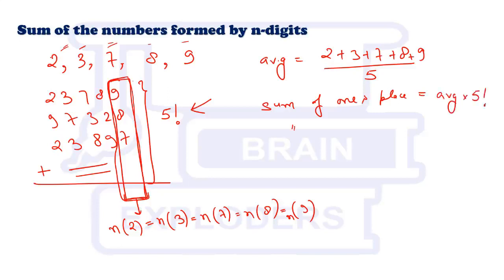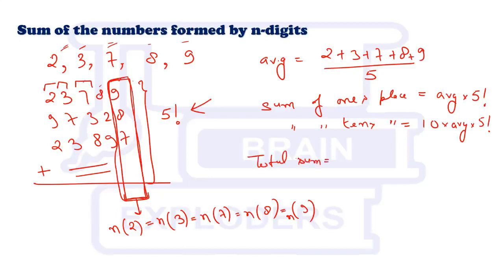In this way, the sum of the tens place is 10 multiplied by average multiplied by 5 factorial. Similarly, we have hundreds, then thousands, then ten-thousands place.